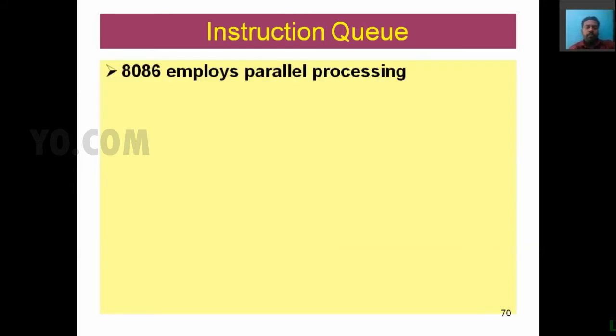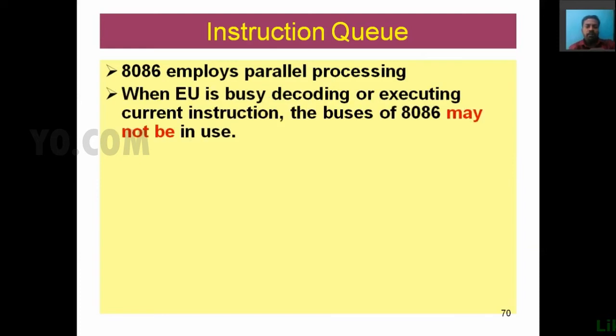I already told that the 8086 performs parallel processing. When the execution unit is decoding or executing the current instruction, the bus interface unit may not be in use. The buses of 8086 are free when the execution unit is busy.